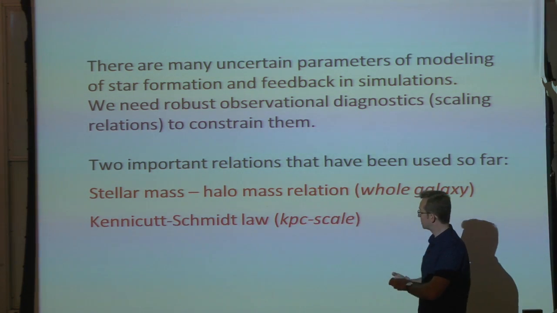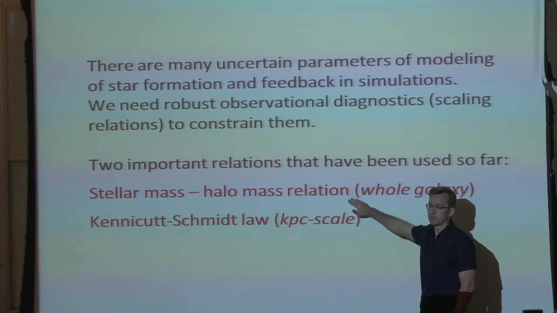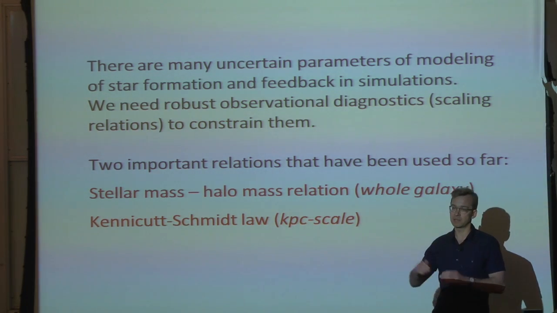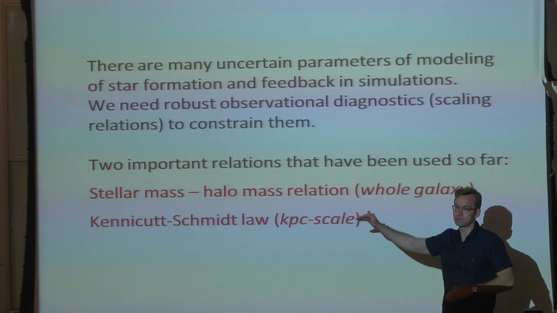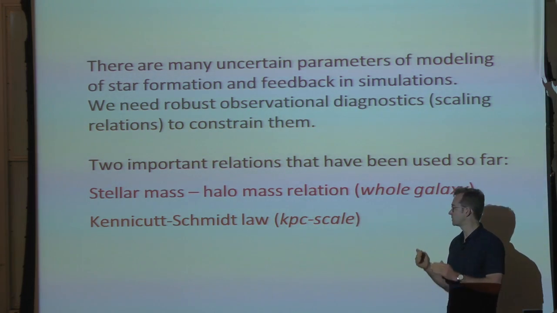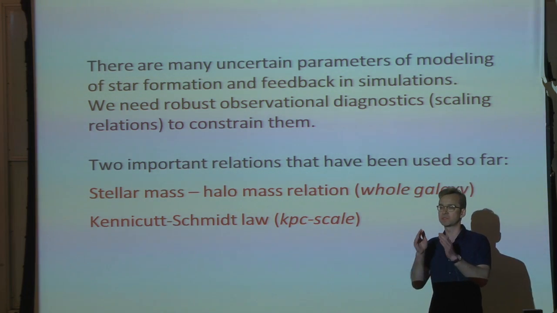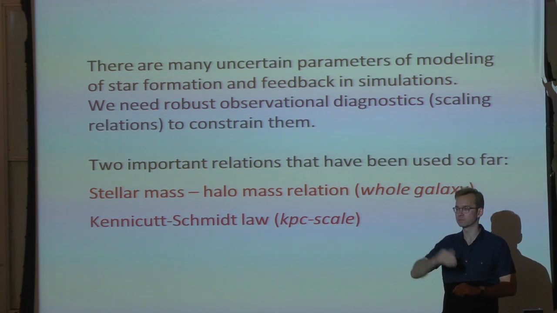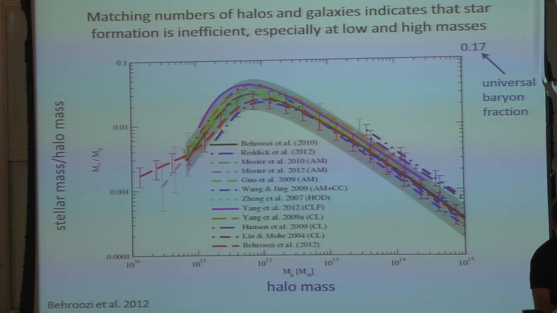So the two that have been most useful so far are the stellar mass-halo mass relation that applies on the scale of a whole galaxy. And the other one is called the Kennicutt-Schmidt law of star formation that applies on scales of kiloparsecs, which are large chunks, large pieces of galaxies, splitting it in several chunks. And let's see what these are.